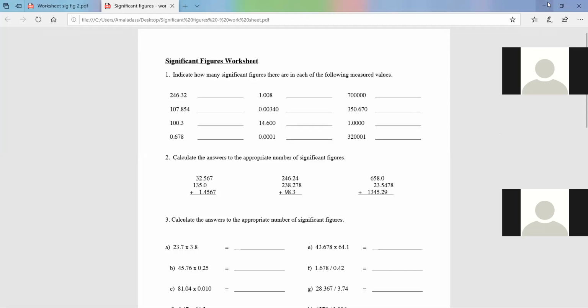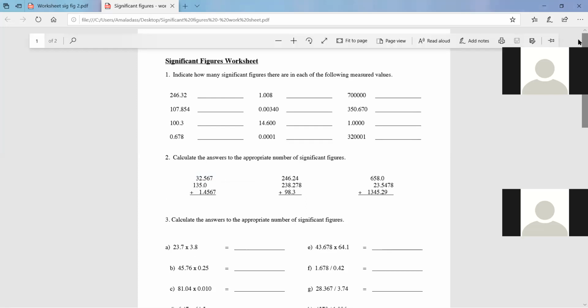Okay, so you can solve the first problem. I would like to ask the respective person first to solve the problem. First problem. What is the normal answer?